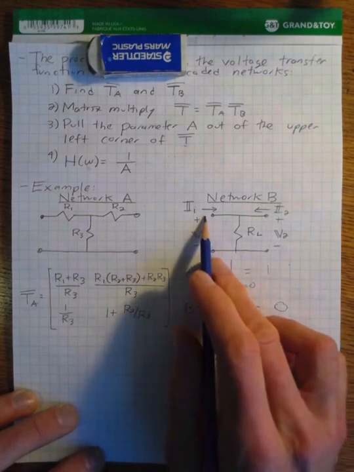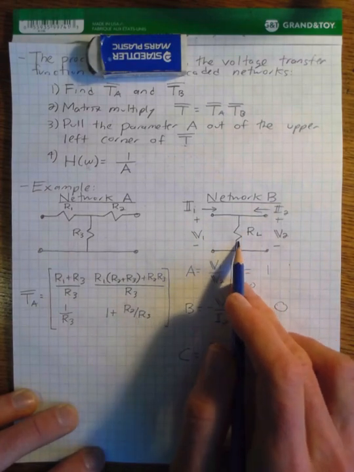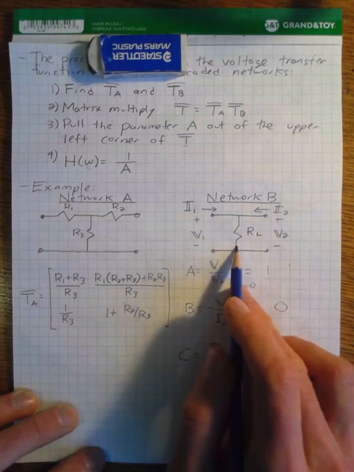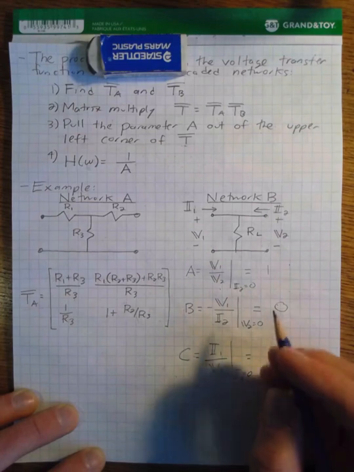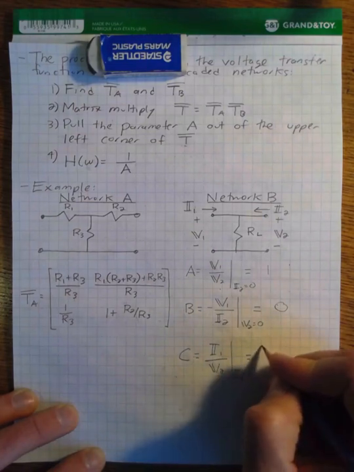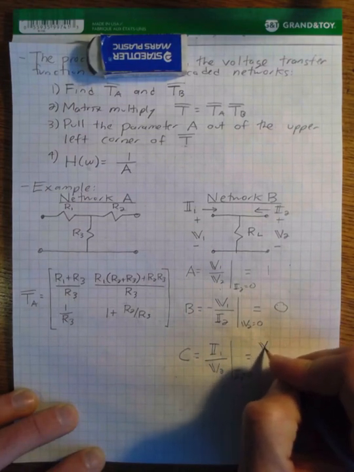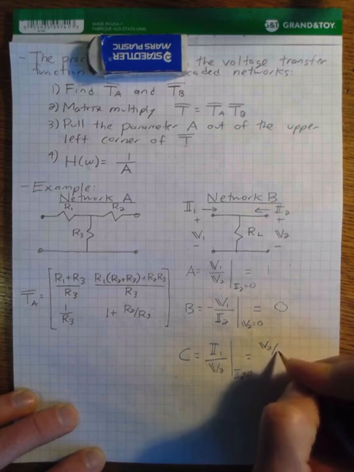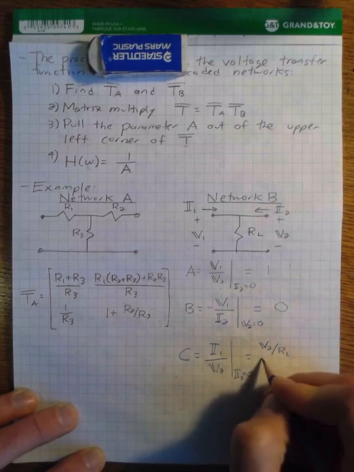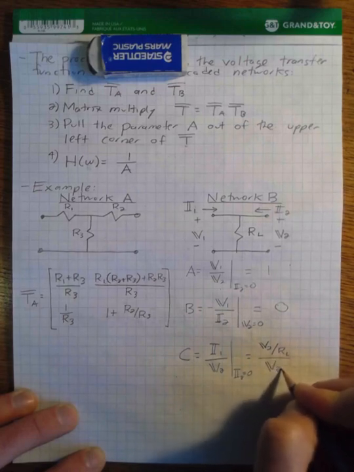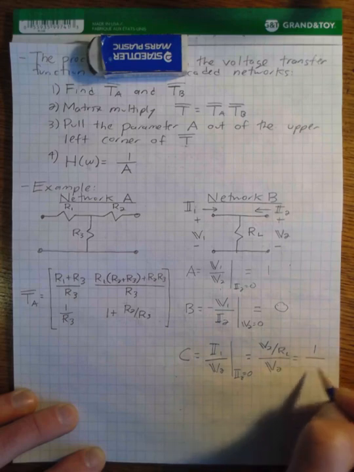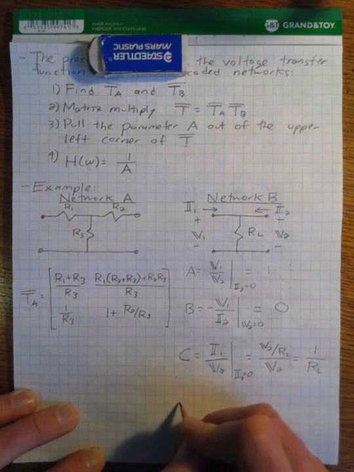And of course, the current flowing into our circuit just goes all the way through the resistor, and the current through the resistor is given by Ohm's law. So the current flowing through the resistor is V2 over RL. On the denominator, we have V2. And so this parameter just ends up being equal to 1 over RL. So C is equal to 1 over RL.